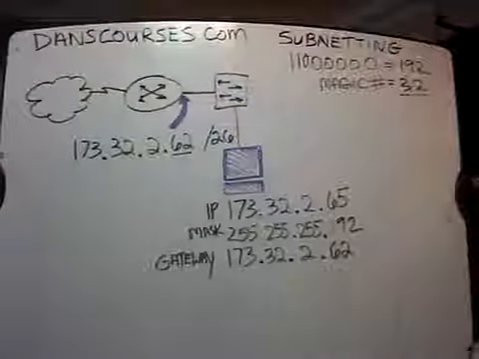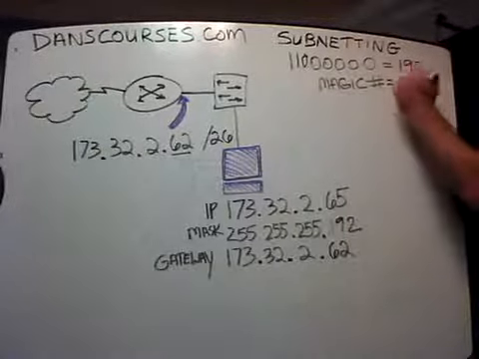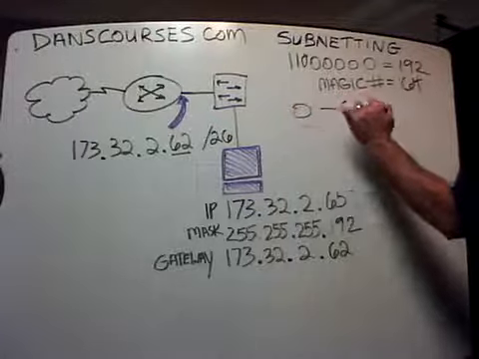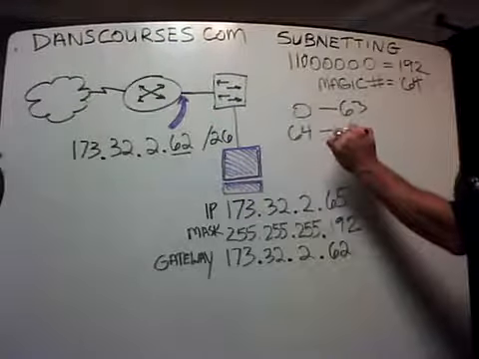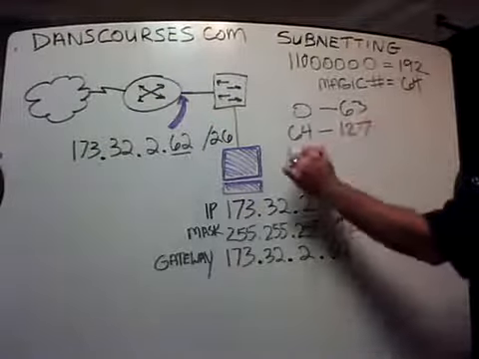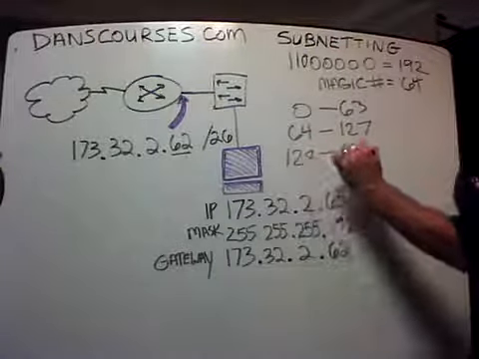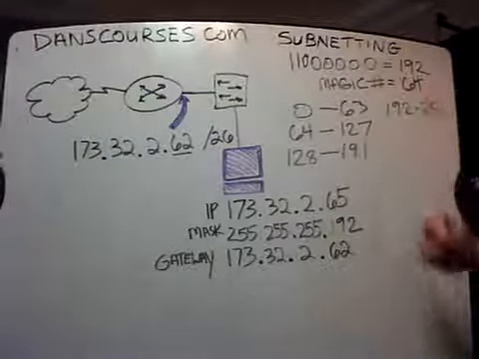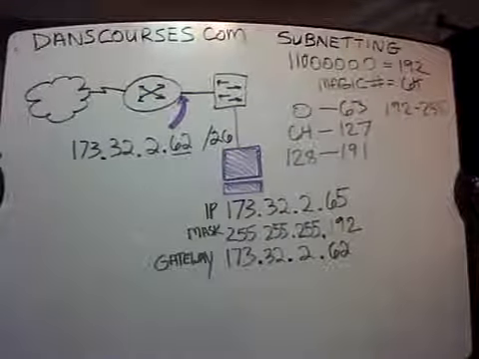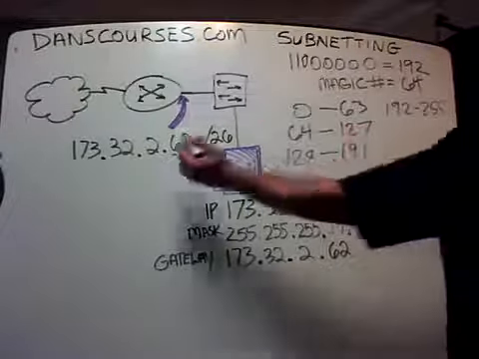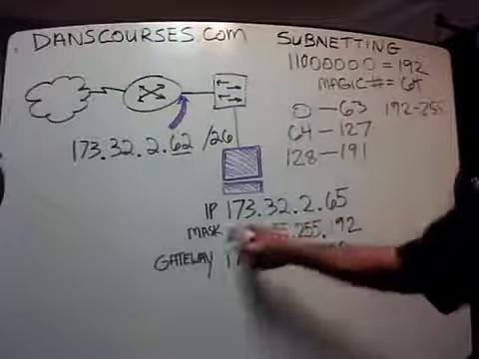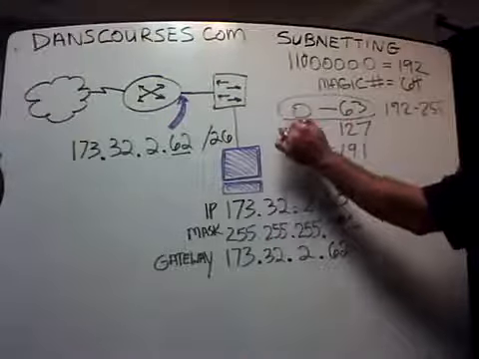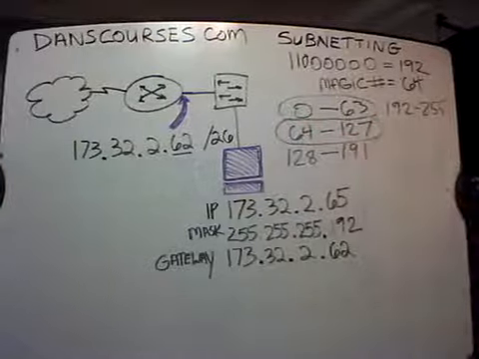The magic number would now be 64, and the networks would be 0 to 63, 64 to 127, 128 to 191, and 192 to 255. In this scenario, the router being a 62 and the IP address being a 65, they would also be in separate networks, and it wouldn't work.